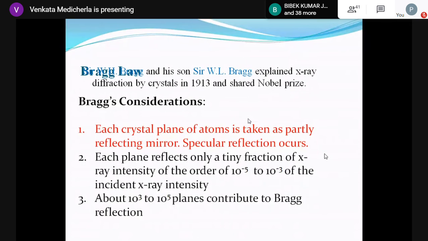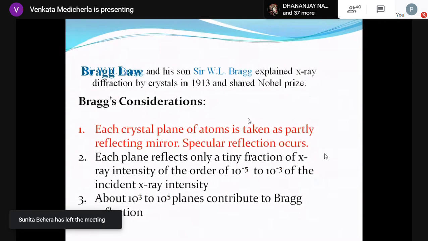He does not bother about where the atoms are present. He says that is a partly reflecting mirror, not completely. Completely reflecting means you will have only one mirror, and for the second mirror there is no light. Partly reflecting mirror, and at each mirror, specular reflection occurs. Specular reflection means the angle of incidence is the same as the angle of reflection, right?